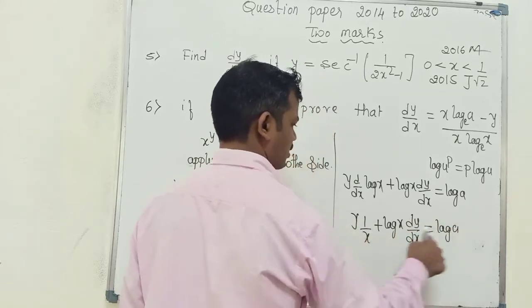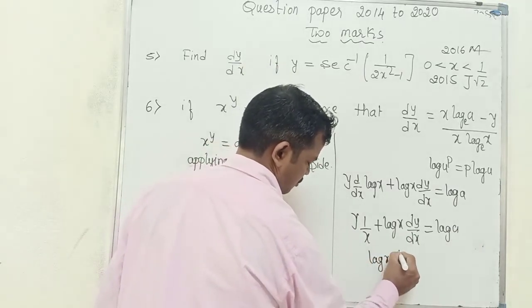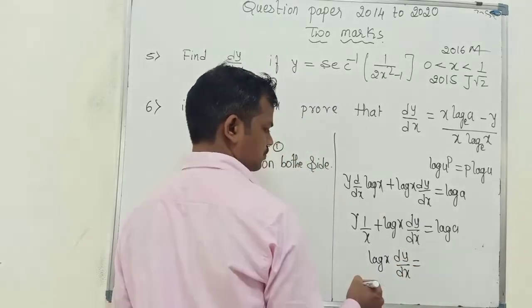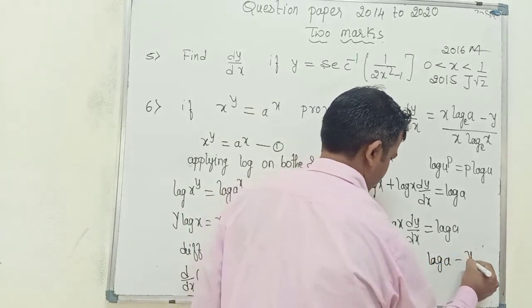So let me bring this to this side, what happens: log x into dy by dx is equal to log a minus y by x.